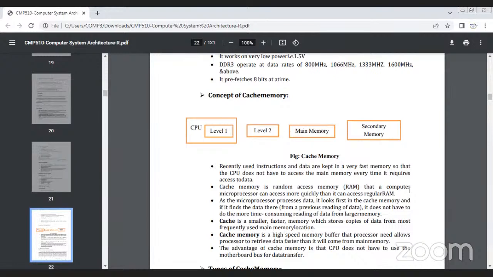memory that a computer microprocessor can access more quickly than it can access regular RAM.